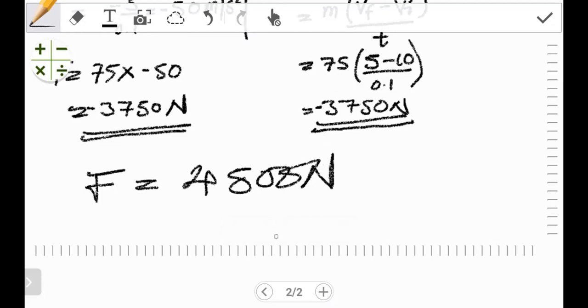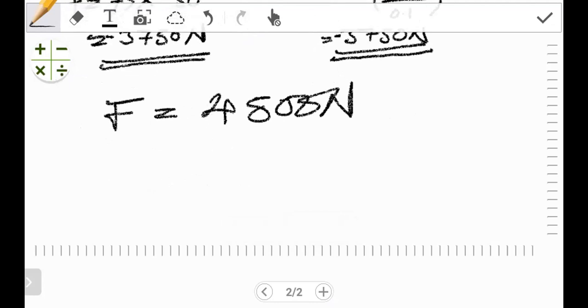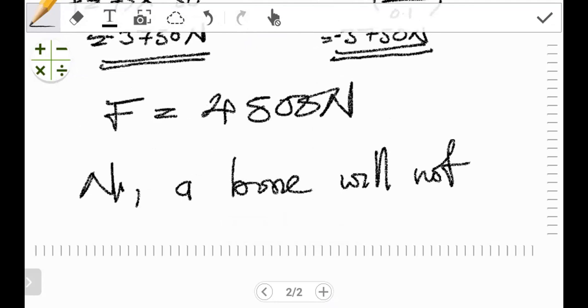This force is definitely less than the required force for a bond to break, implying that in this case, no bond will break. So our answer is no. The bond will not break.